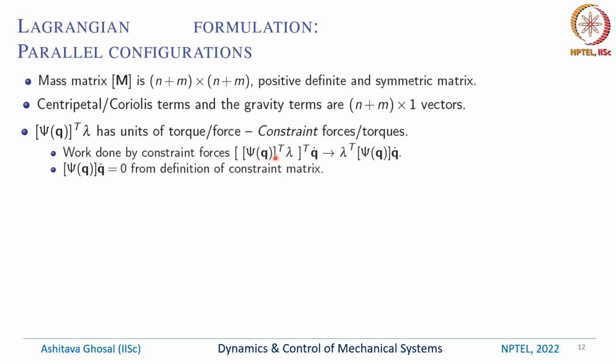That is the work done by these constraint forces, and we can simplify that. (A B) whole transpose is B transpose A transpose, which gives lambda transpose psi into q dot. But we know psi into q dot is 0, because psi q dot comes from taking the first derivative of the loop closure constraint equation. Since this is 0, the work done, the whole thing, is also 0.